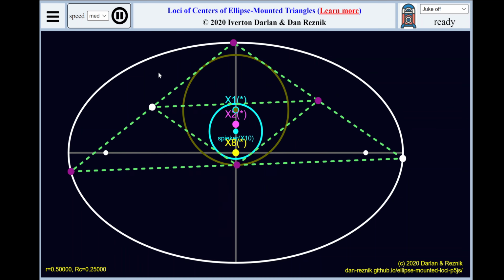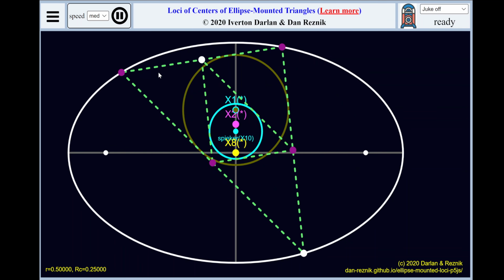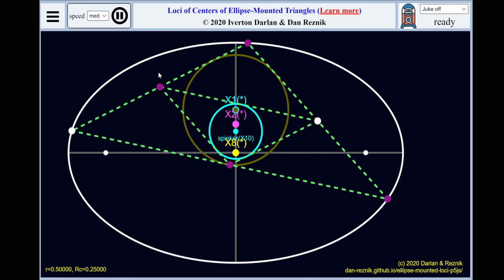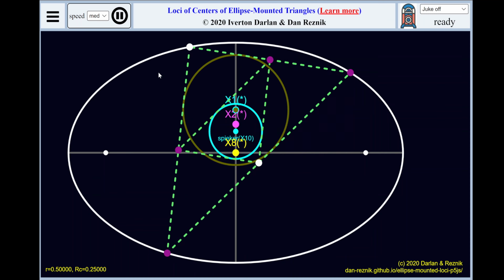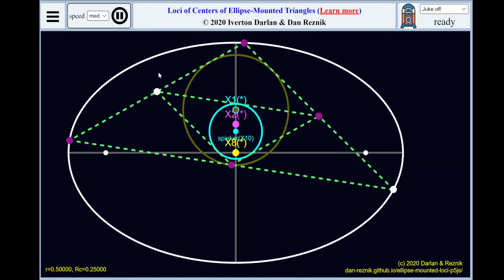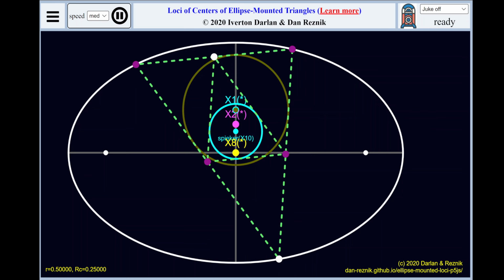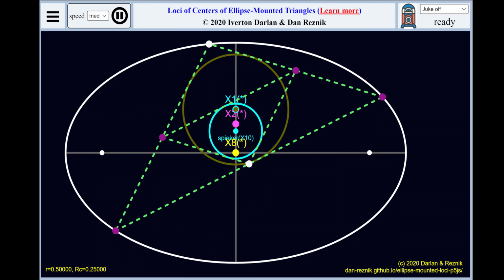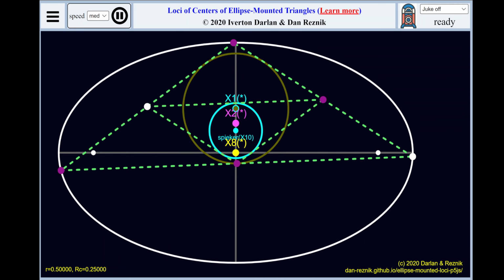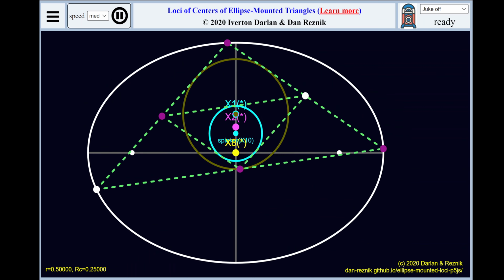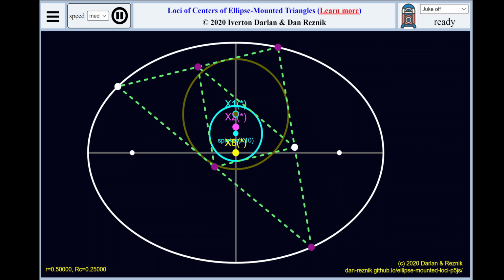So we can see here that the Spieker center, X10, which we showed before, is fixed. Its radius is related to the outer inradius by half, so its radius is also going to be conserved. So there you have it. You have a system with its medial triangle, its incircle known as the Spieker circle, and some geometric stationarities being shown.